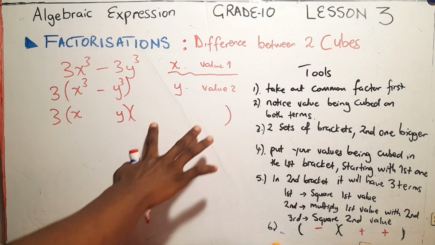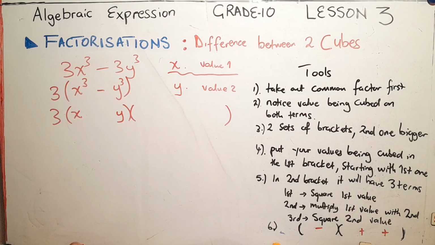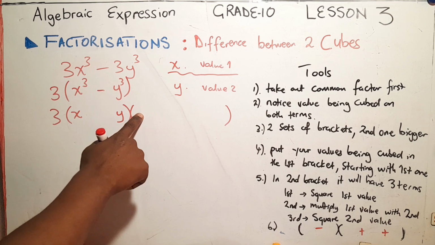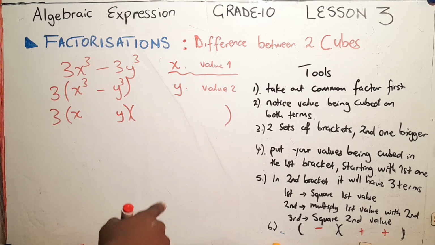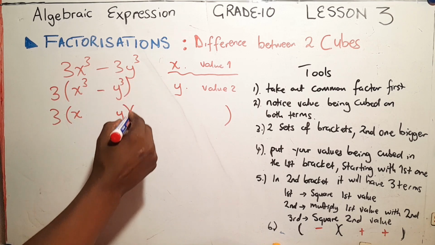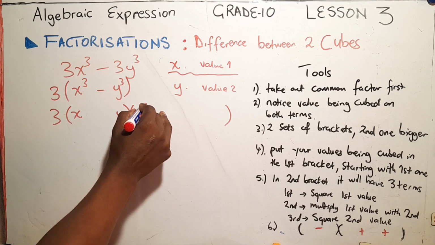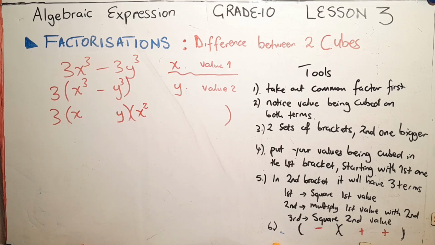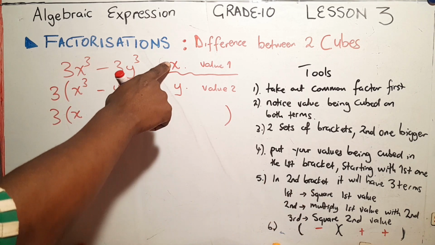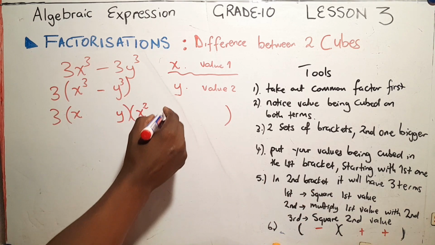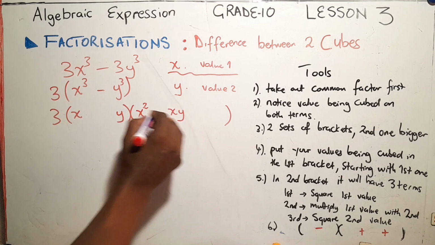So how do we get the terms in the second bracket? For the first term, we are going to square the first value. Here our value is x, so we square our x, giving x squared. The second term, in the middle, we get by multiplying the first value with the second value, so we get xy.